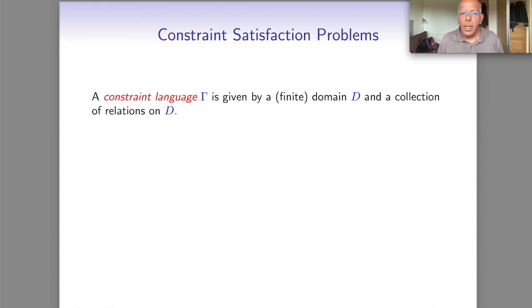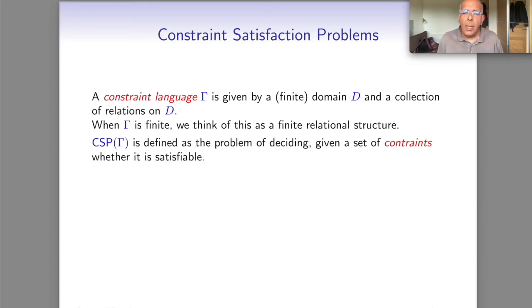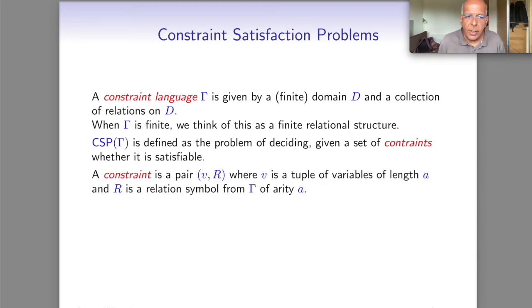Okay. So now let's talk about constraint satisfaction problems. A constraint language is a finite domain D and a collection of relations on D. This is entirely familiar. This is what we call a relational structure, a finite relational structure. So CSP(Γ), the constraint satisfaction problem for the fixed constraint language Γ, is defined as the problem of deciding, given a set of constraints, whether it is satisfiable. What is a constraint?